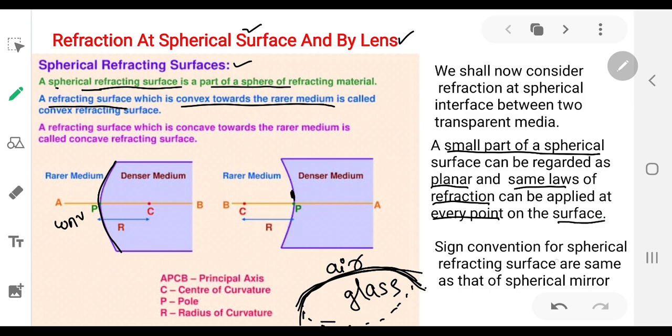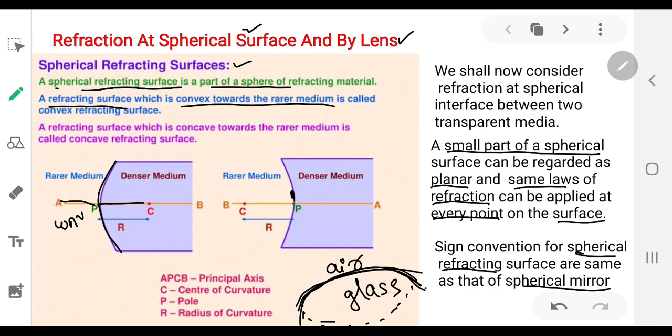And the sign convention for spherical refracting surfaces is the same as that of the spherical mirror. Now, what were the sign convention points? The distances are always measured from the pole of the refracting surface.